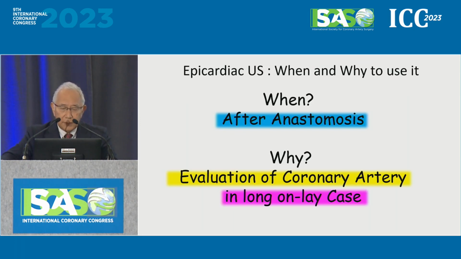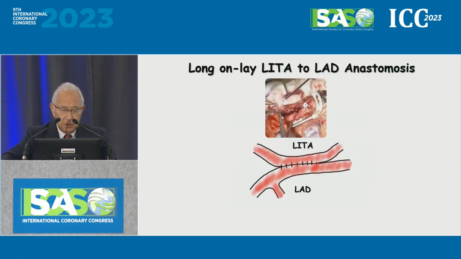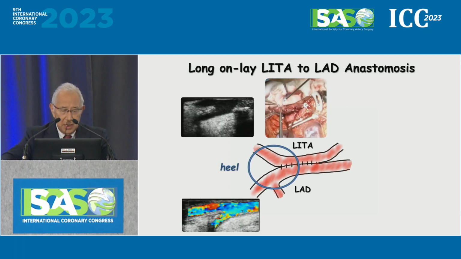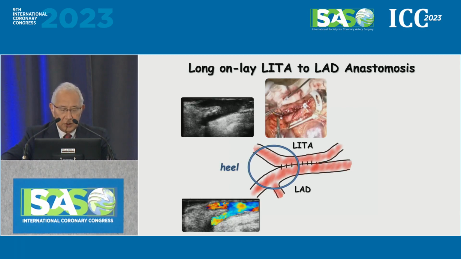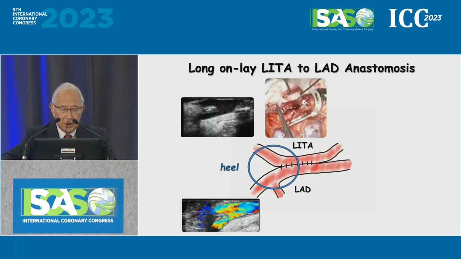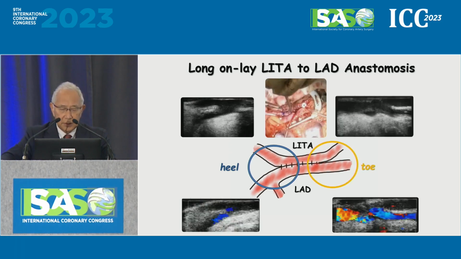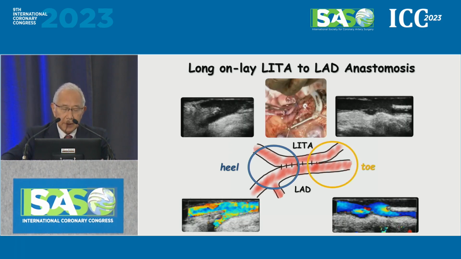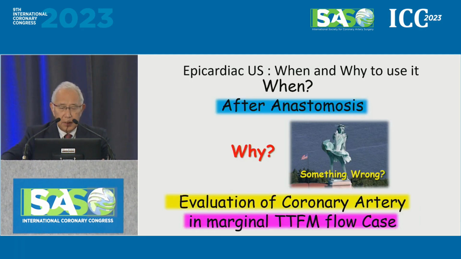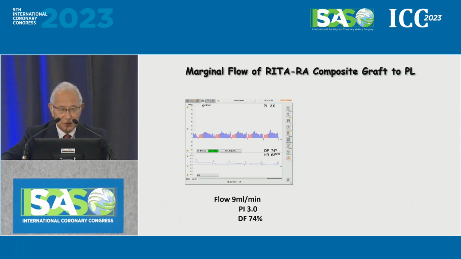After anastomosis, I always evaluate the coronary artery in case of a long onlay patch, especially after endarterectomy, to check the heel of the graft and the toe of the graft. If something is wrong, we have to evaluate the coronary artery, especially in marginal TTFM flow cases, like Dr. Tagat showed.